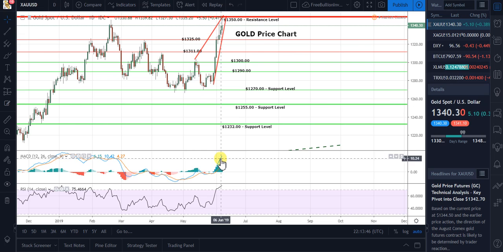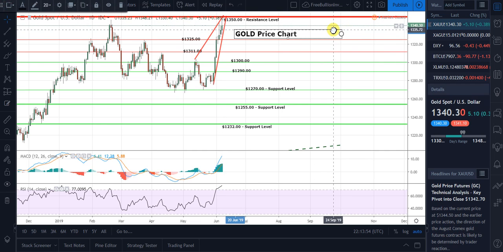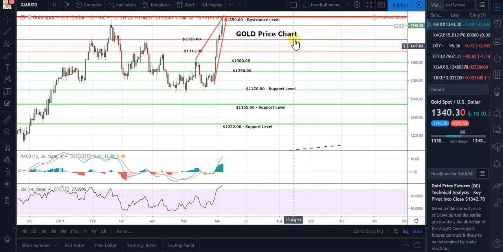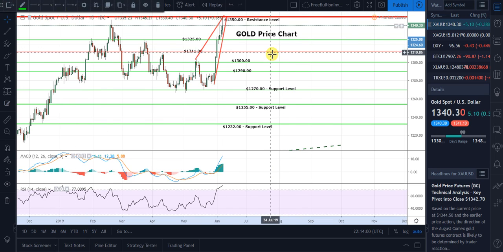The signal lines in the MACD are clearly very far apart, signaling that a change in price is in front of us. So we do see 1325 now as support, as well as 1311 is now support. Let me change that line as well. And 1350 is clearly resistance.